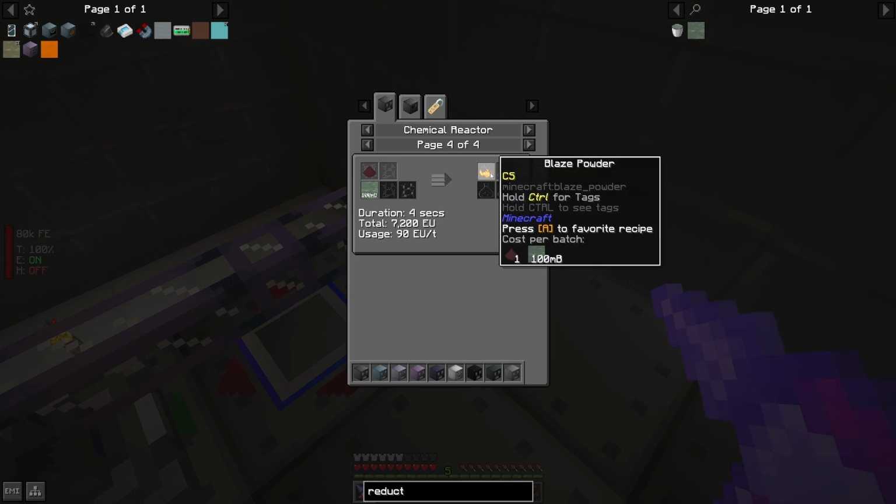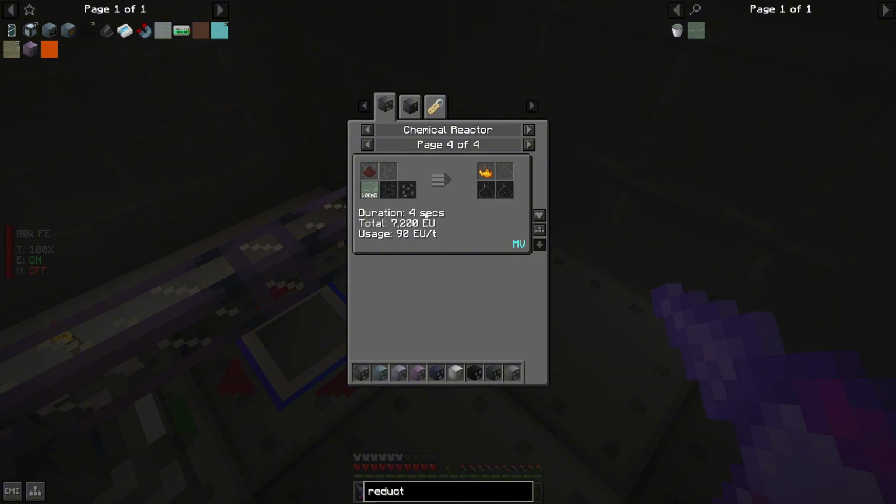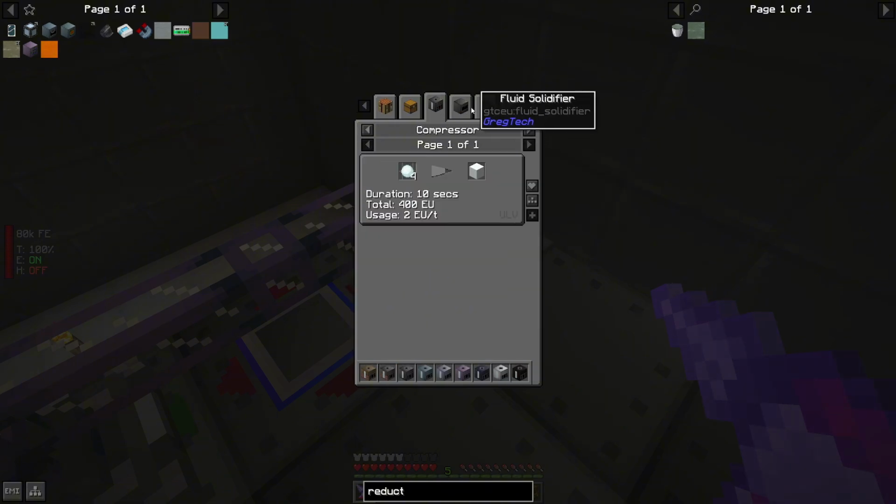Of course, blaze powder would also be nice now because it would be a lot quicker with the reduction fluid. Also means we're going to need to have netherrack dust on hand, snow, and stone dust, but snow is not that crazy, I don't think.